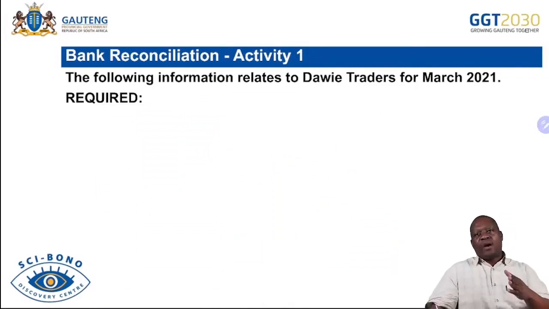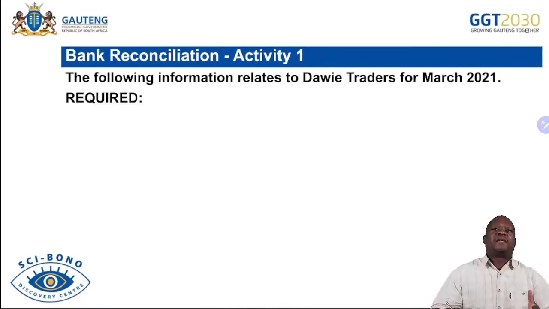Now, here we are preparing a bank reconciliation statement, but we do not just jump and start preparing it. So you are going to see that every time we are given a business where we are preparing a bank reconciliation statement, we do follow simple steps.